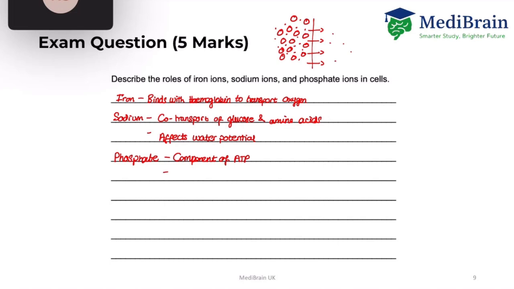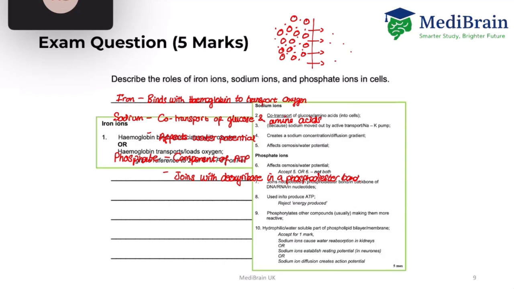What it does is join with deoxyribose in a phosphodiester bond. So that's what phosphate does. And again, phosphate is another ion. It's a big ion, so it can also affect the water potential. So you could have had that as a reason for phosphate as well.